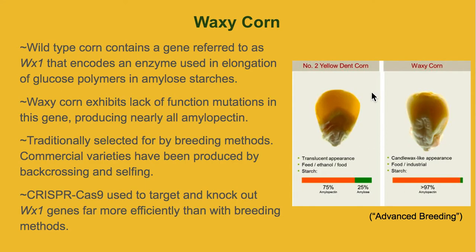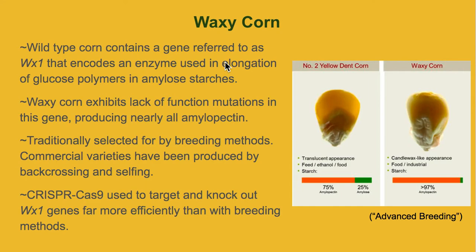This waxy corn has been produced through breeding methods with near perfect results. Basically breeding out the WX1 gene that produces an enzyme for the elongation of glucose polymers into amylose starches. Such starches are not necessarily preferred if you're trying to use them for food or industrial production.